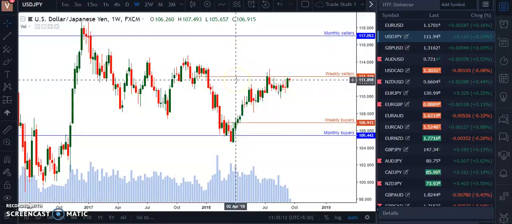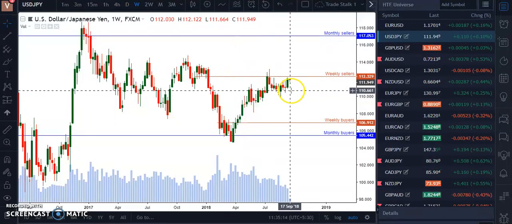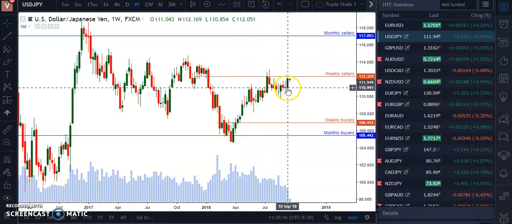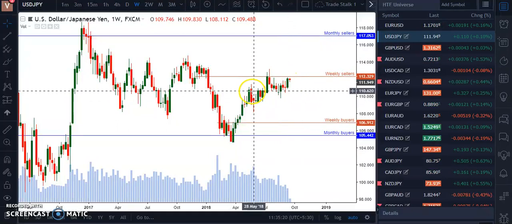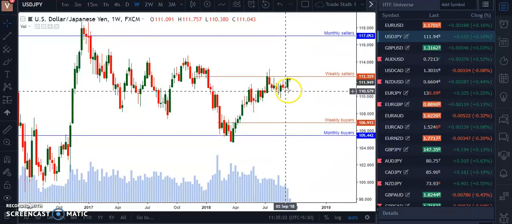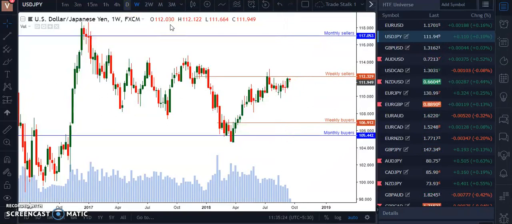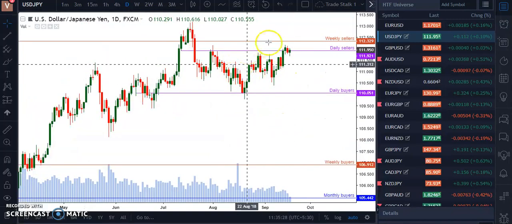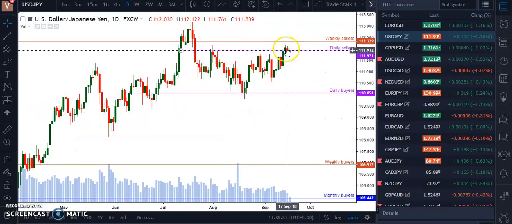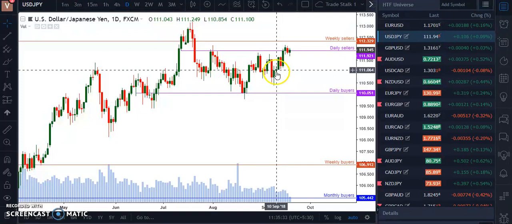USD yen, this was a really great pick for me, not last week, but the week before last. At that point, I thought, well, this support has been holding for a while, and over here on the daily, let me just count: 1, 2, 3, 1, 2, 1, 2, 3, 4, 5. Yes, over here.